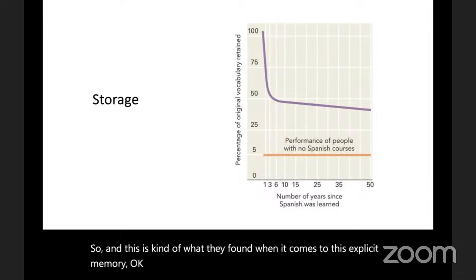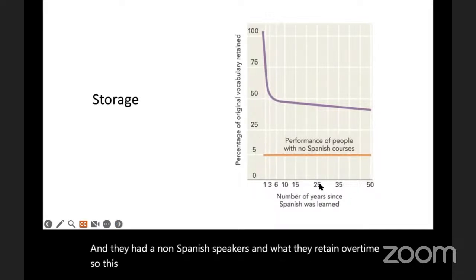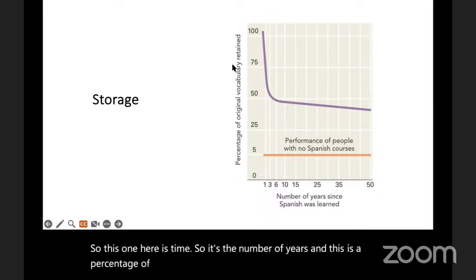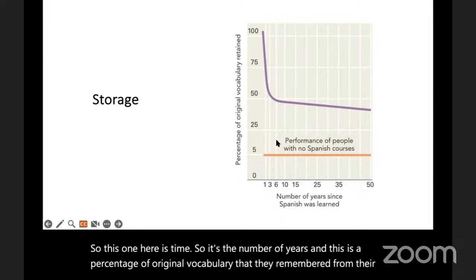As you can see, they had non-Spanish speakers and what they retained over time. This axis is time, the number of years, and this is the percentage of original vocabulary they remembered from their Spanish class.